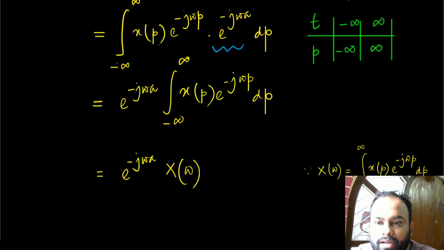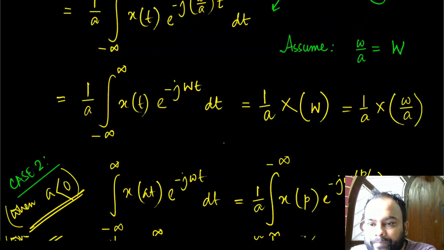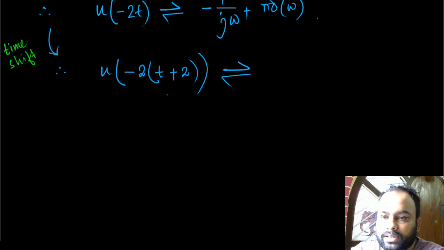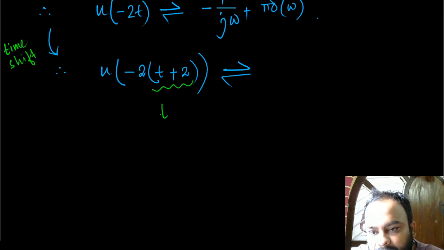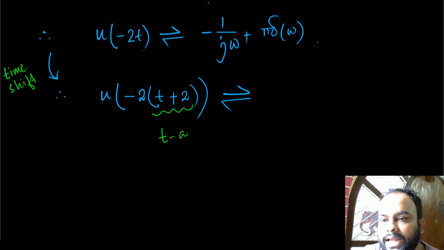The Fourier transform of x of t minus a is e to the power minus j omega a X of omega. What have I subtracted from t? So this has to be like t minus a, right? So a is simply minus 2.